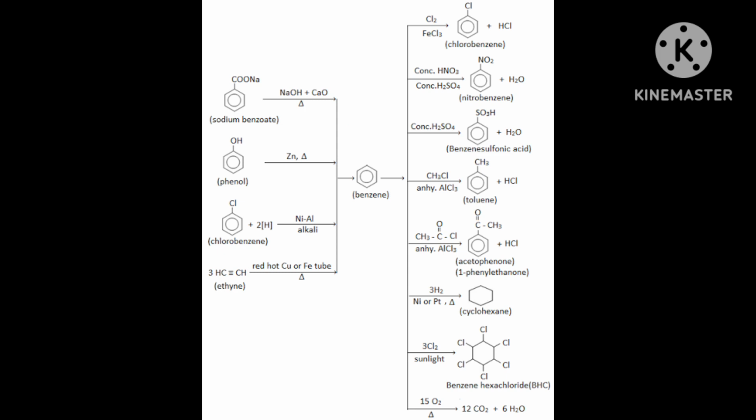Then know that removal of oxygen is called reduction. Addition of hydrogen is called this. You can define oxidation and reduction in two ways. First, removal of hydrogen is oxidation.